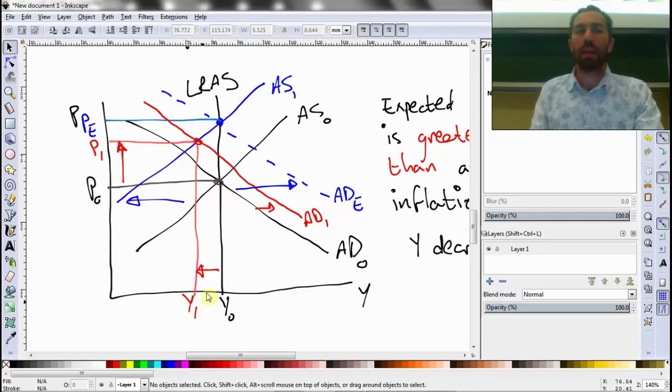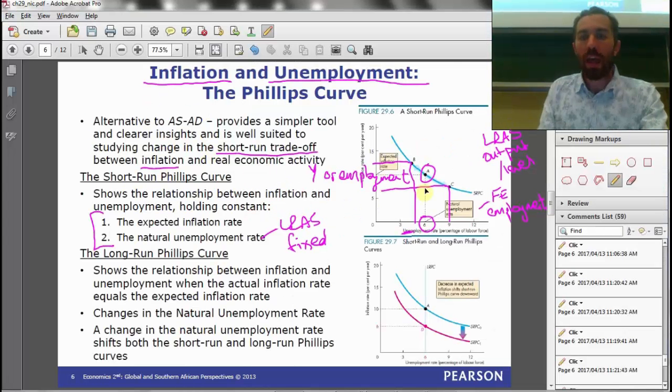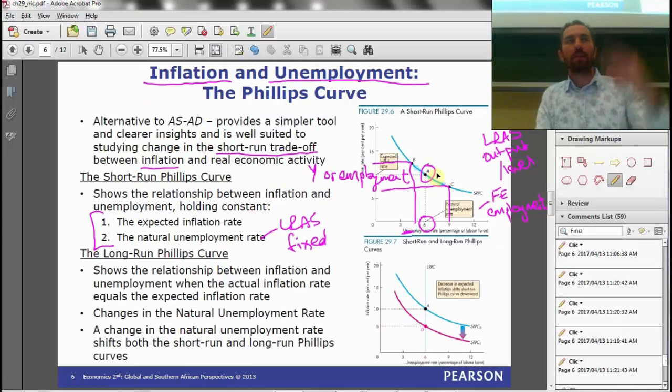Okay? In other words, when our aggregate demand curve shifts by less than what we anticipated with our aggregate supply shift, we end up at a position to the left of our long-run aggregate supply curve. Okay, so we've got a lower level of output and prices have increased by less than what we expected. Okay? So at point A, we expect some rate of inflation.